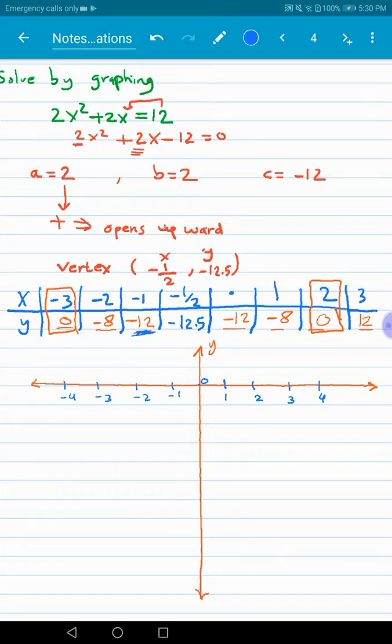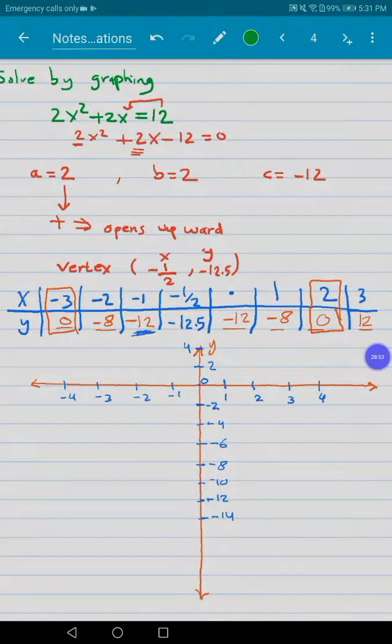So let's take each step to be 2. This is 2. This is 4. This is minus 2. This is minus 4. This is minus 6, minus 8, minus 10, minus 12, minus 14.